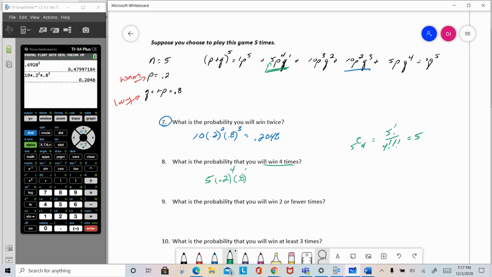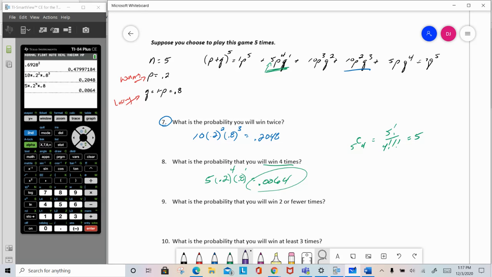So I'm going to multiply that by 5 because there's 5 ways to win 4 times and lose once. So 5 times 0.2 to the 4th times 0.8, and that's 0.0064. So the probability that I win 4 times is 0.0064.